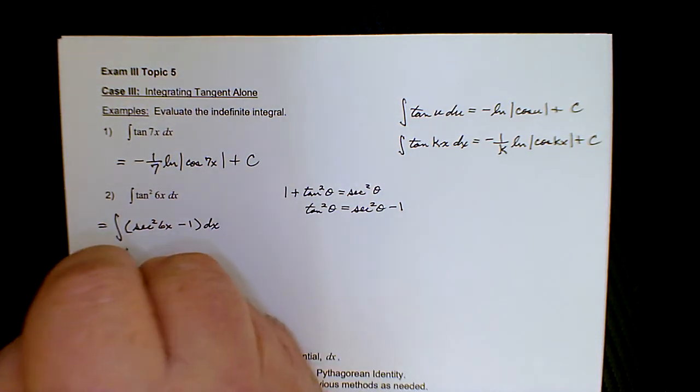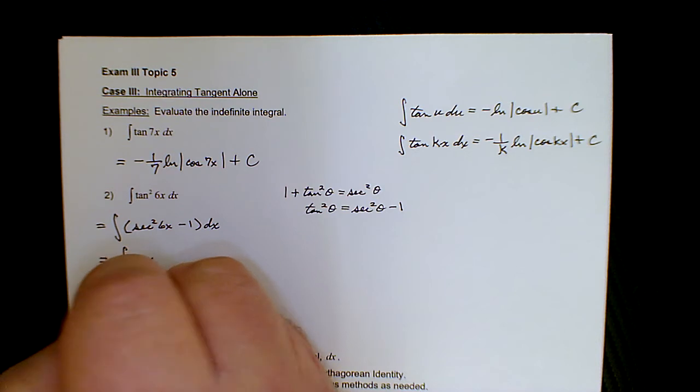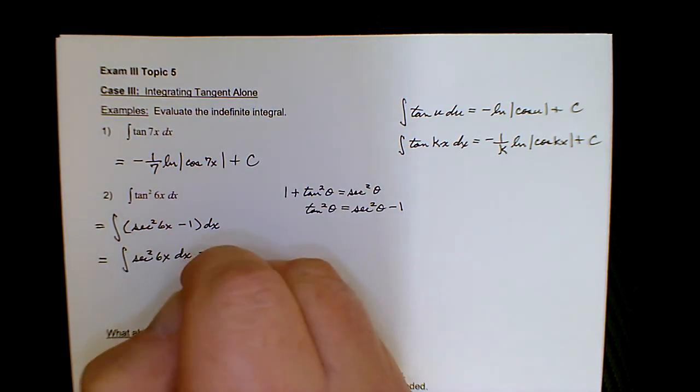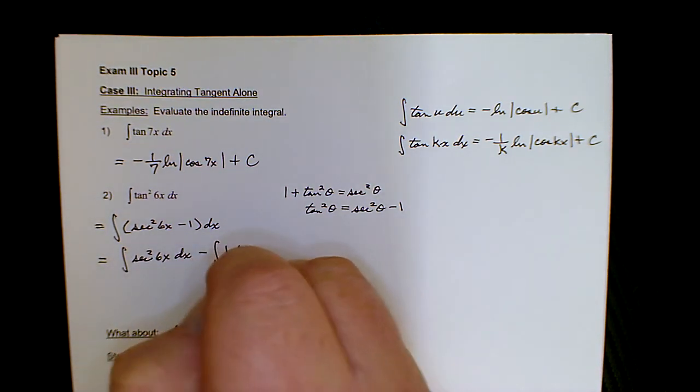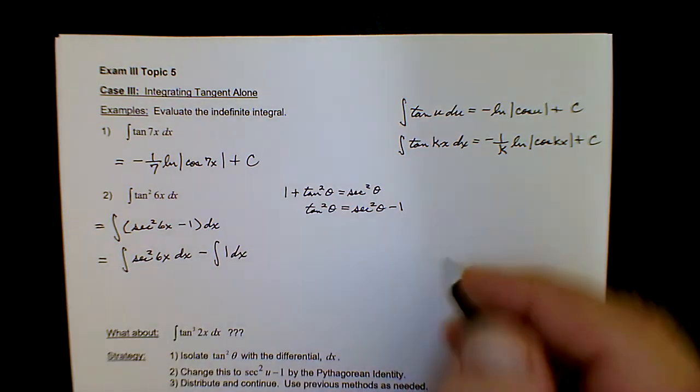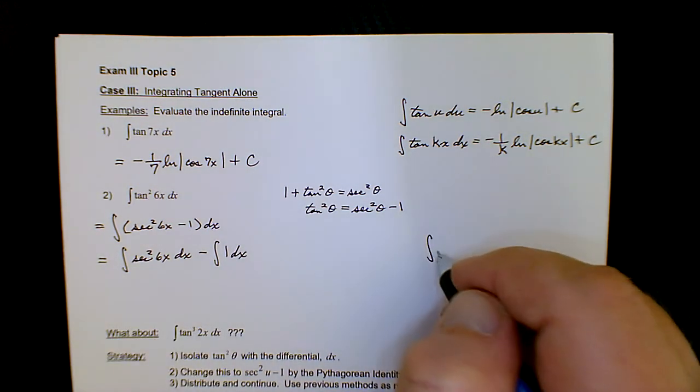So we'll replace tangent squared of 6x by secant squared of 6x minus 1. And for simplicity, let's separate that into two integrals: the integral of secant squared of 6x with respect to x minus the integral of 1 with respect to x. Notice that secant squared is integrable. That's actually one of our basic 6.